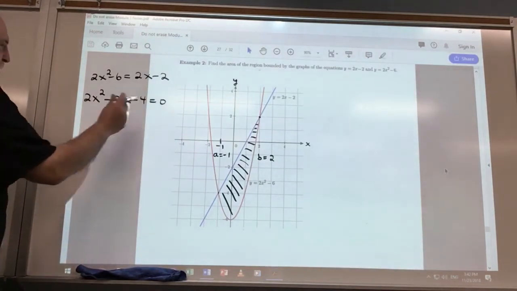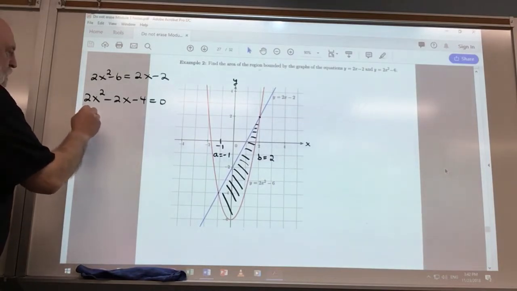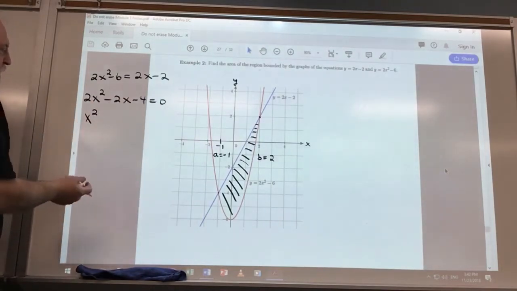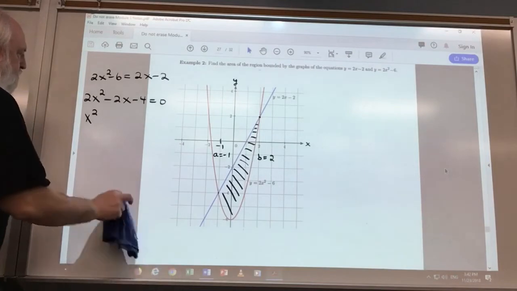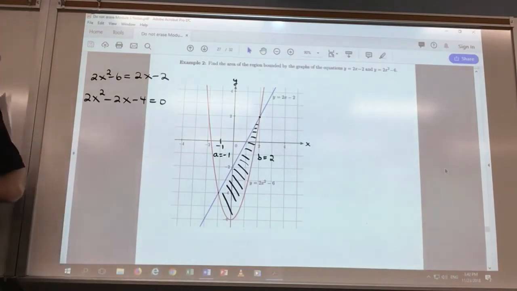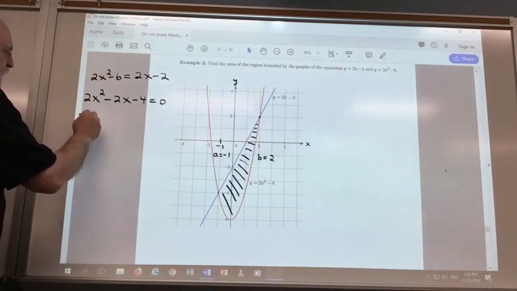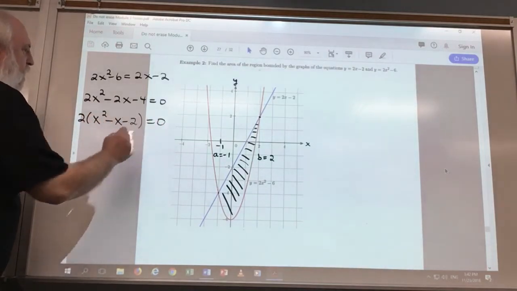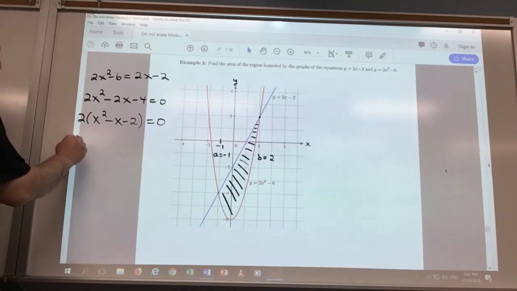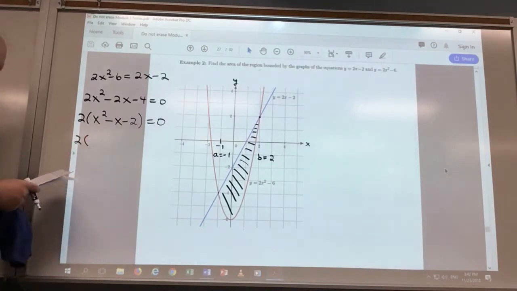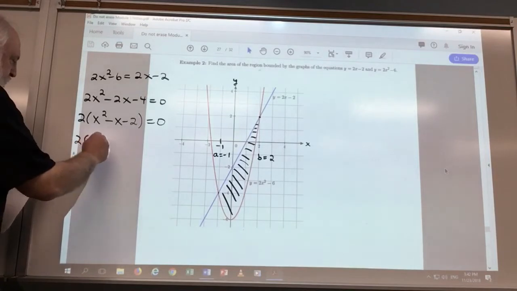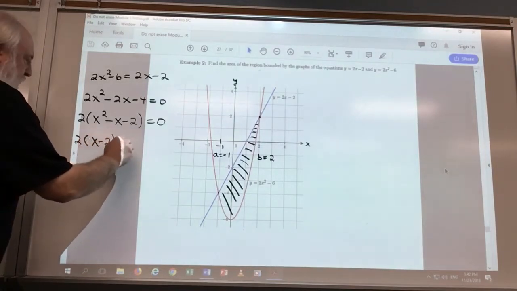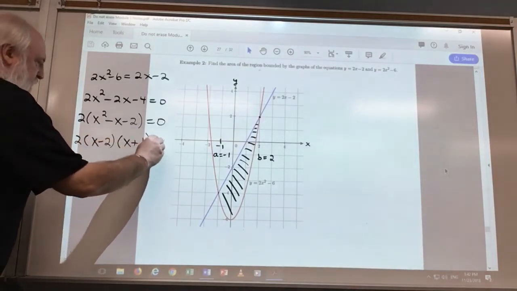I factor out a 2 and have 2 times x squared minus x minus 2 equals 0. Then when I factor the quadratic, I have 2 times x minus 2 times x plus 1 is equal to 0.